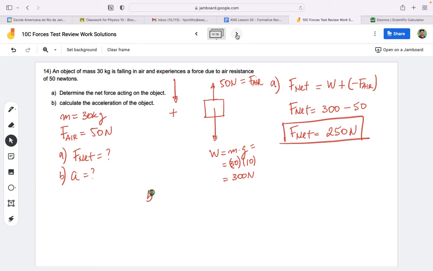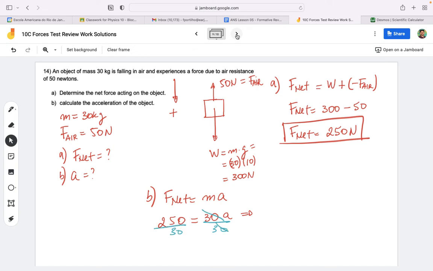As for letter B, it asks for the acceleration of the object. We know the net force equals ma. Since we have the net force, which is 250, and the mass of the object, which is 30, we can then calculate the acceleration. If we divide both sides by 30, we isolate a.